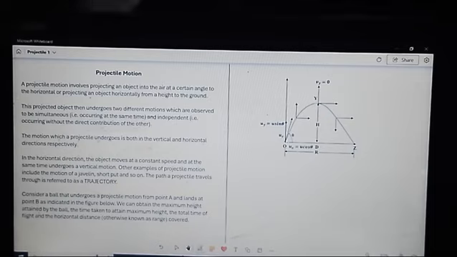So both motions are occurring at the same time, but they are independent of each other. In the horizontal direction, which is this direction, the object moves at a constant speed. And at the same time, like I said, it is undergoing a vertical motion.